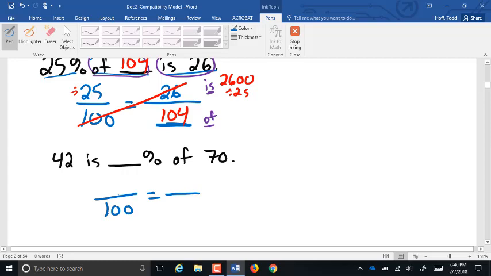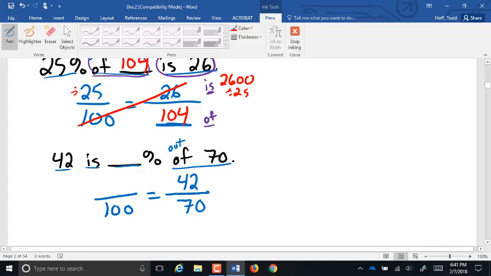So that top number above the 100 is going to stay blank until we solve. So the other two numbers go on the other side. 42 is blank. That implies the 42 goes with our missing percent. It goes on top. Of 70, again, if we read that as out of 70, it implies the 70 goes on bottom.